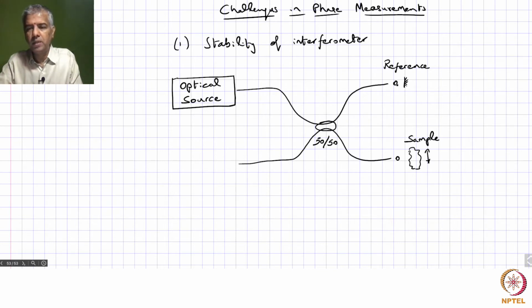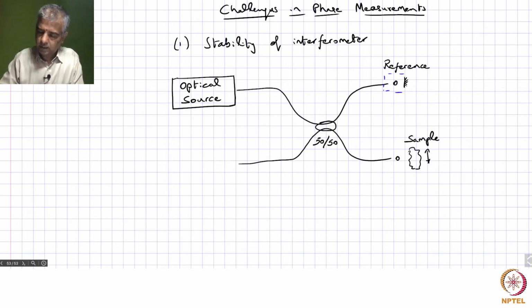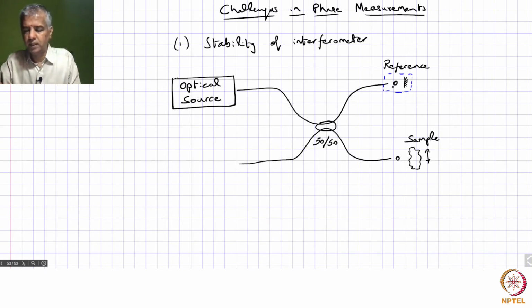So you need to make sure that this particular portion here is well protected, and so it's not susceptible to external perturbations, right? Because unless you have a very stable reference, you're not going to be able to make very precise measurements of changes in phase.